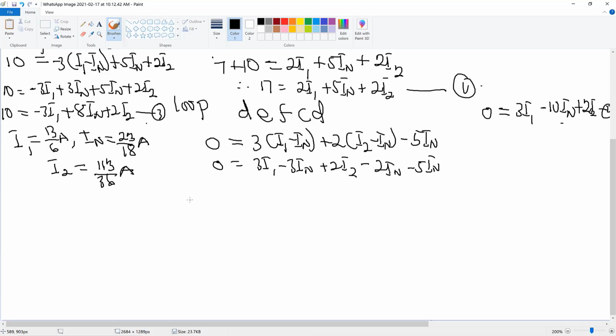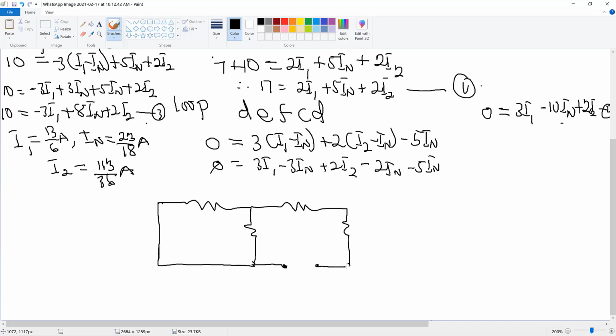The next thing we are supposed to do is to find the Norton's resistance. In finding the Norton's resistance, we are going to short circuit all voltage sources and open circuit all current sources. But since we do not have any current source in the circuit, the approach becomes very simple, since I said it's the same as the approach of finding the Thevenin's resistor.